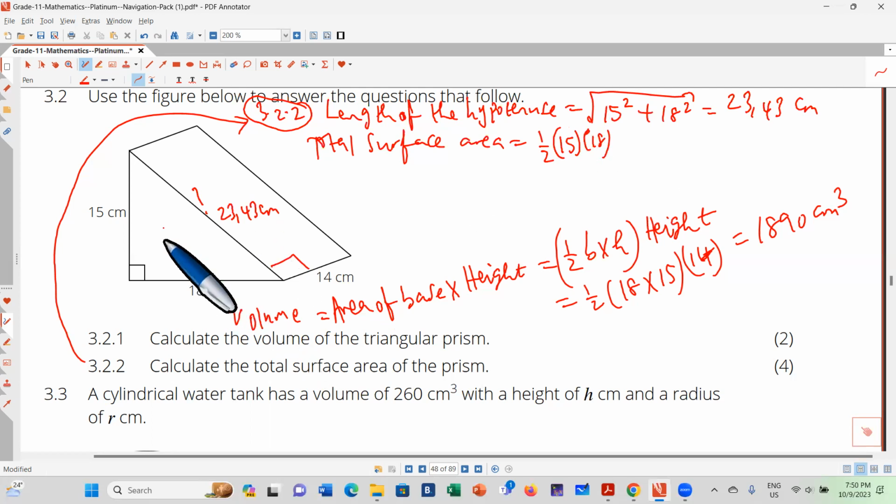But there's a triangle here, and there's another triangle on the other side because this is a three-dimensional shape. So it's going to be two of the triangles. And then you have the 23.43.